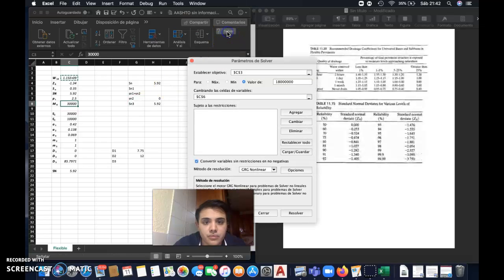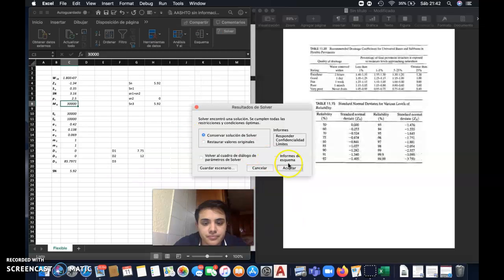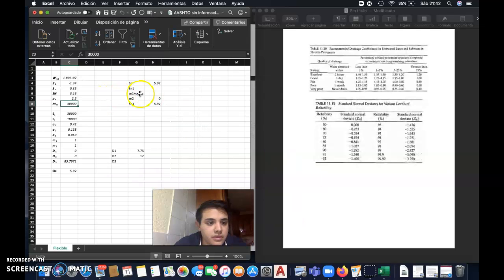We put solver, and then we get the structural number 1. We check this number, and yes, it's the necessary. Excellent.